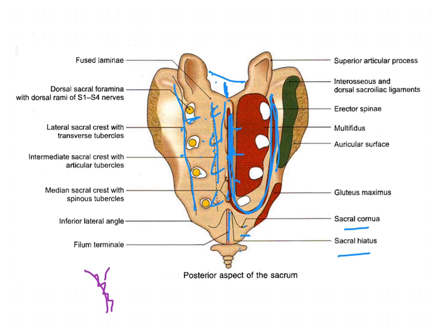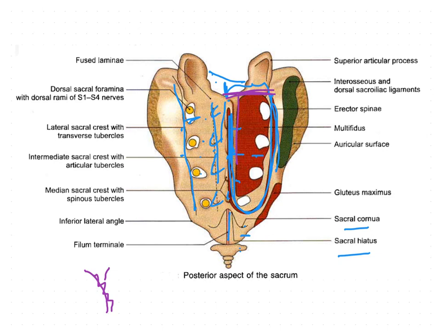And the next muscle is the multifidus muscle. This one is the multifidus muscle, which arises from the area between the spinous processes as well as the transverse tubercles, this area. Okay.